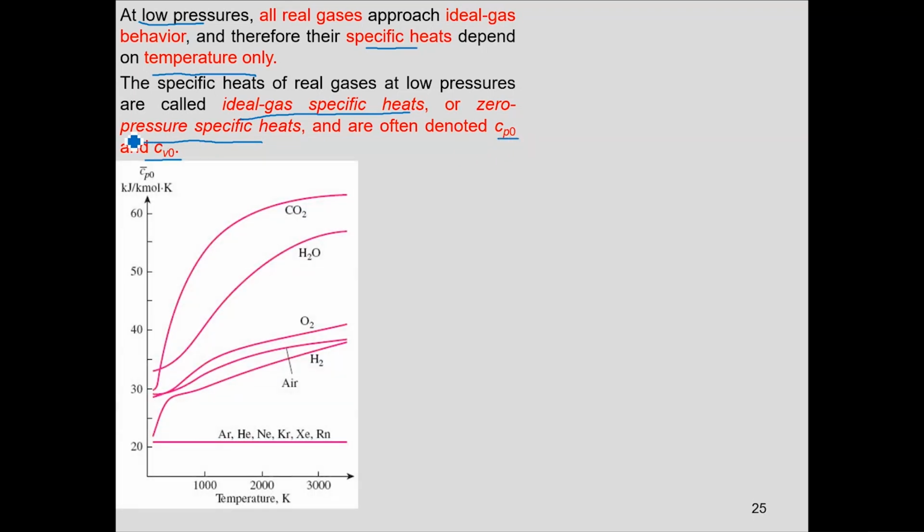And here is the relationship of temperature versus the ideal gas specific heat at constant volume for real gases, and this is a function of temperature only. For monatomic gases, the variation roughly remains the same with regard to temperature, while the deviation is more for diatomic gases.